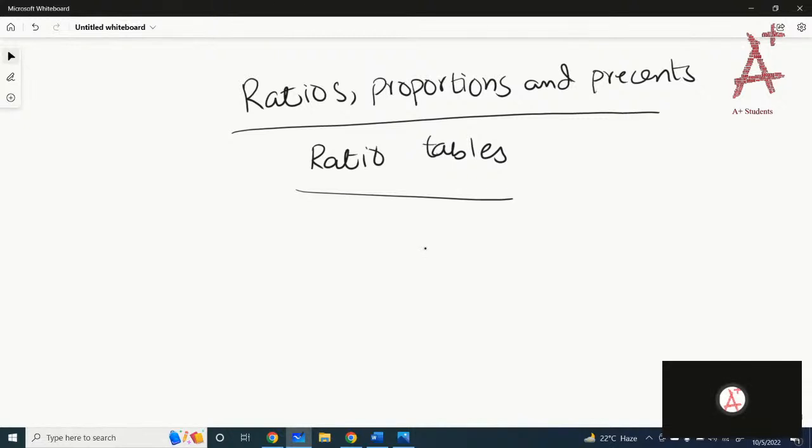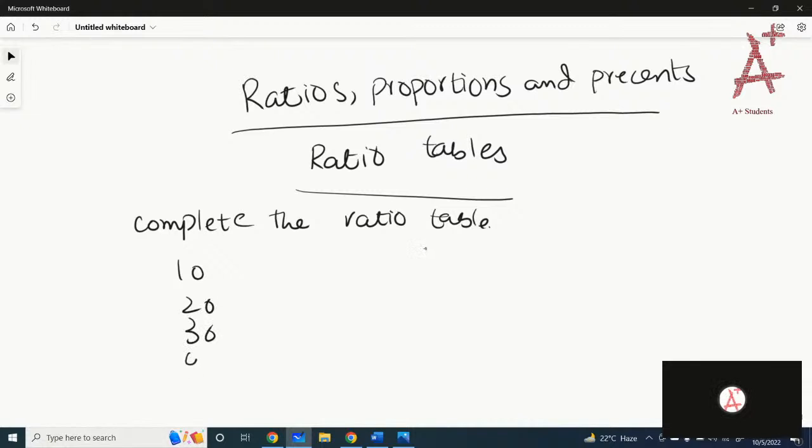We are given a table, complete the ratio table. 10, 20, 30, 40, 50. 1, 2. You have the table and the missing values. You have to find the missing value. Basically you have to find the ratios between both the tables.